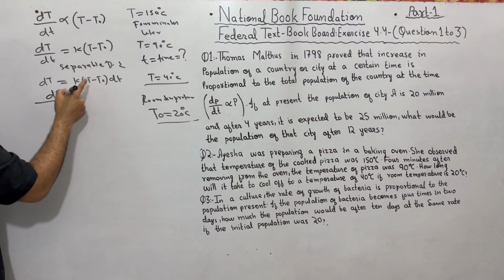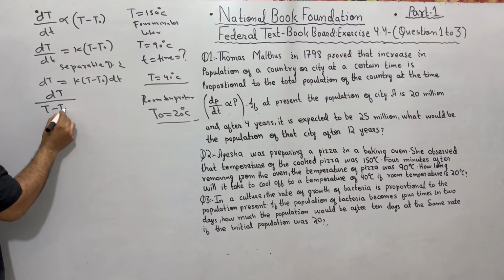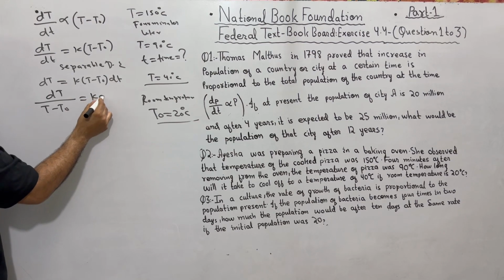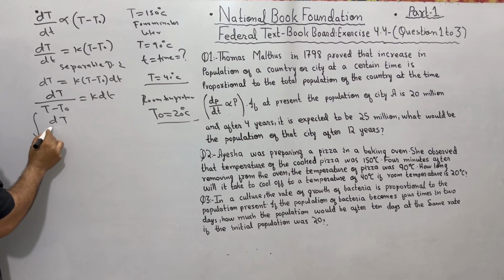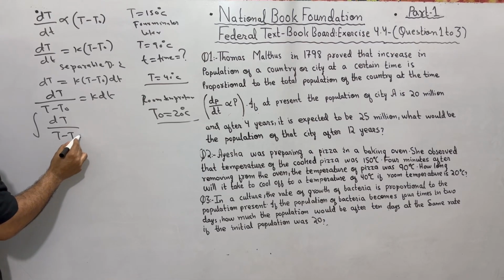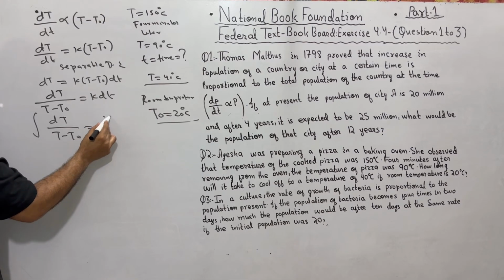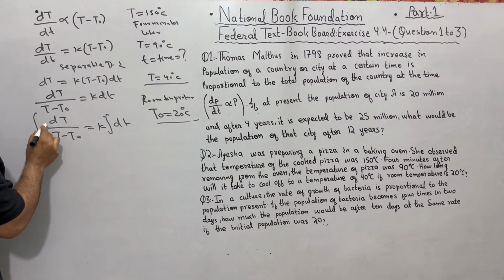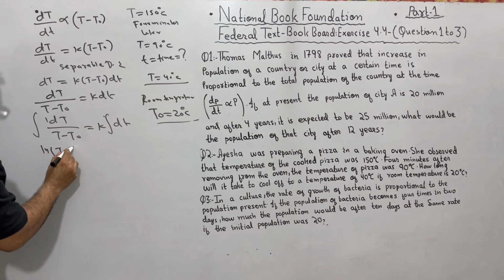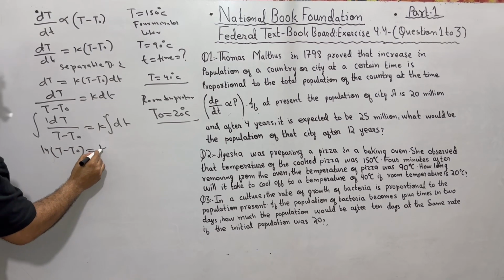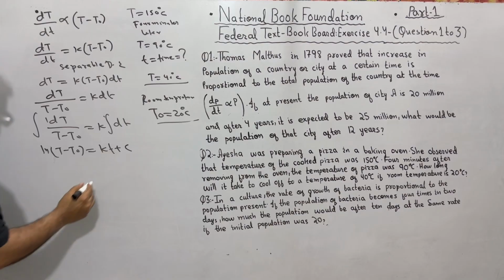Managing the variables separately, dT over T minus T naught is equal to k times dt. Integrating with respect to their independent variables, where k is a constant, it is the famous situation: ln of T minus T naught equals k times t plus c.